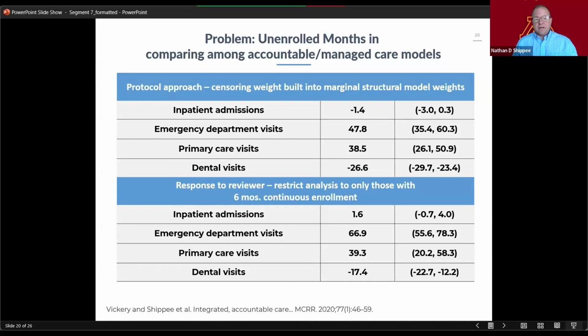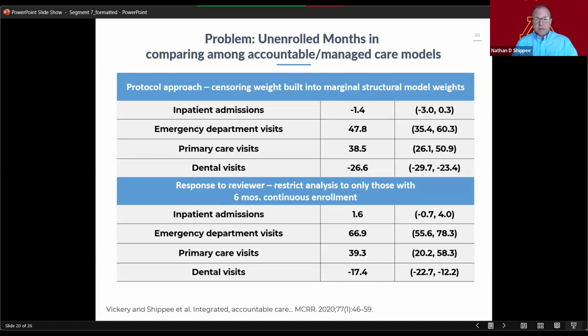And the comparison of one type to the other, and I'm not going to get into which was the reference and which was the one we're comparing to. The point is the comparison. Note that the comparison can shift quite a bit depending on the type of model that's used. So our protocol approach, as written into our protocol, was to keep everybody in.